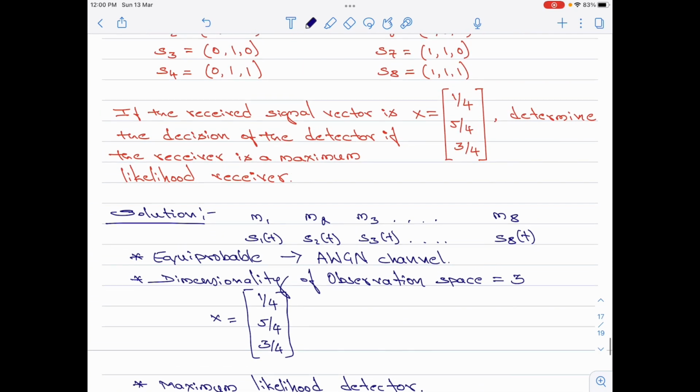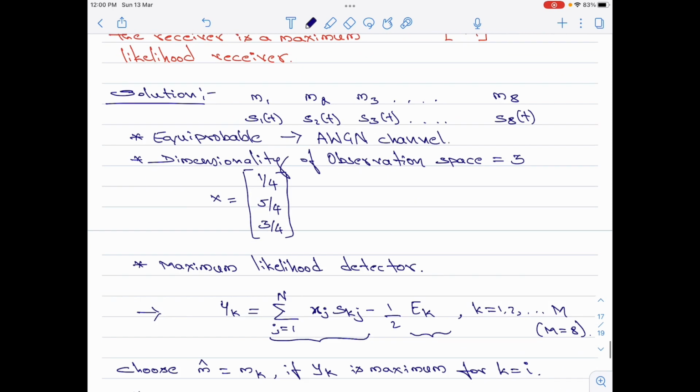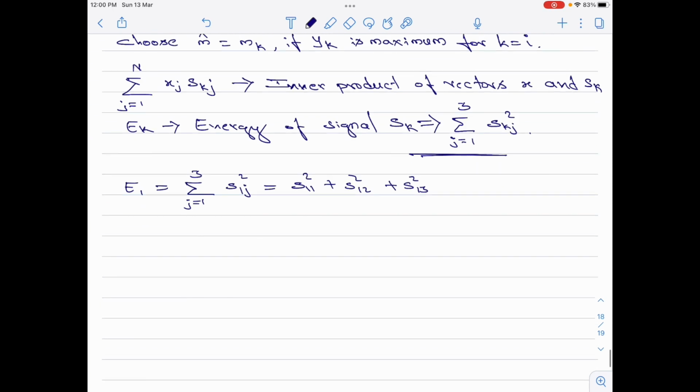They are the values of the coordinates for S1. You can look at this. So, for S1, it is 0, 0, 0. So, come back and substitute. This is 0 square plus 0 square plus 0 square. Therefore, it will be equal to 0.